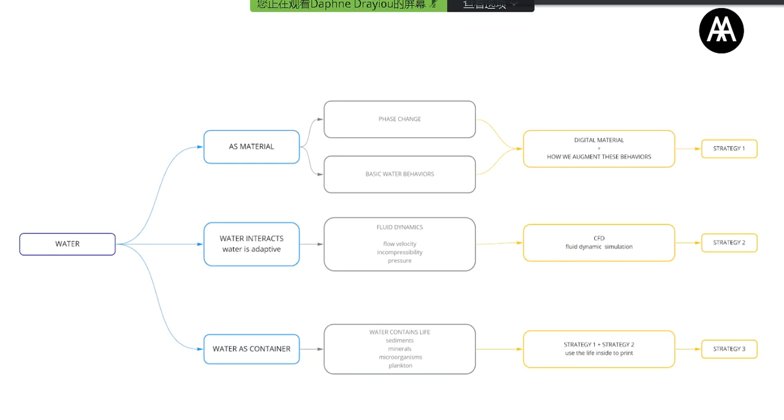So even in the subject of materiality, just on the issue of phase change and behavior, that has potentially three radically different kinds of strands to it.